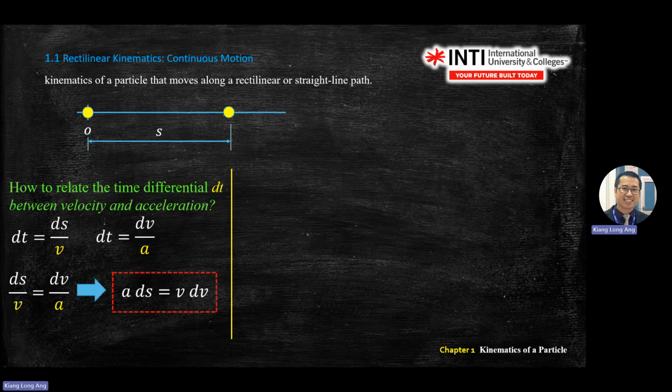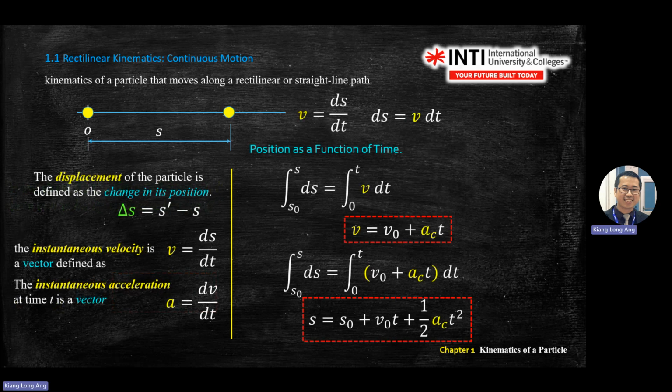All right. Now previously, what we did is that we used the definition of acceleration to derive the first equation. We used the definition of velocity to derive the second one. Then for the third one, we use this one.